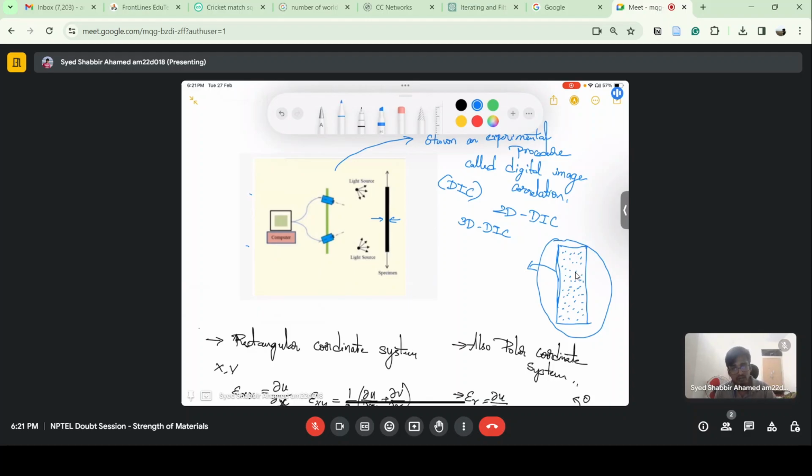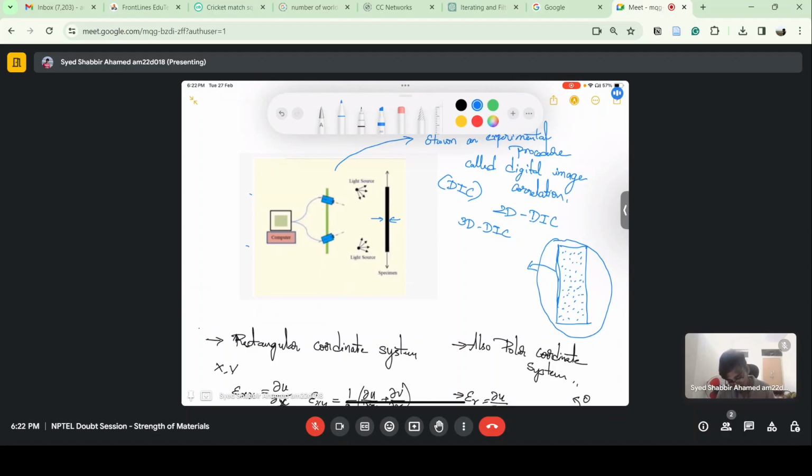So this is the advantage of this three dimensional image correlation, which is a non-contact way of measuring the strain, and also gives the full field strain.